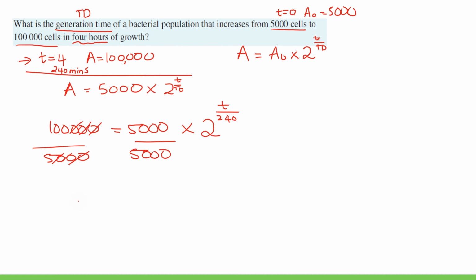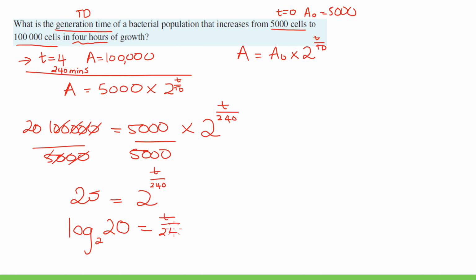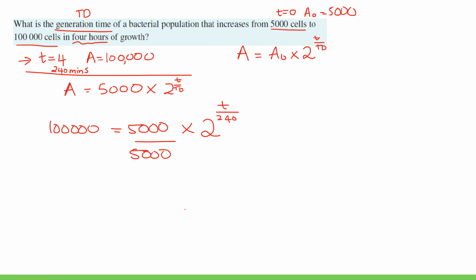If we divide both sides by these 3 zeros, then 100 divided by 5 is 20. So that'll be 20 equals 2 to the power of 240 on TD.